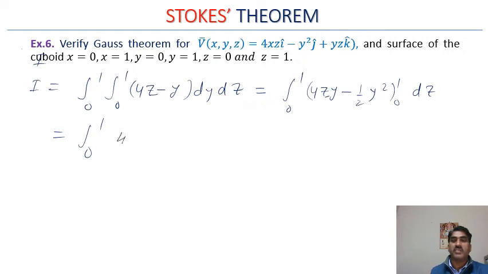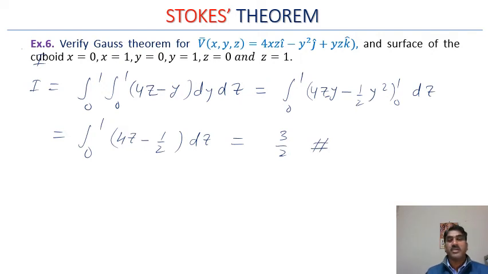So this is just the integral of 4z minus half dz, and you can integrate it. The first term becomes 2z square and the second half z, and you will get 3 by 2. This is the result that we obtained using the Gauss divergence theorem.